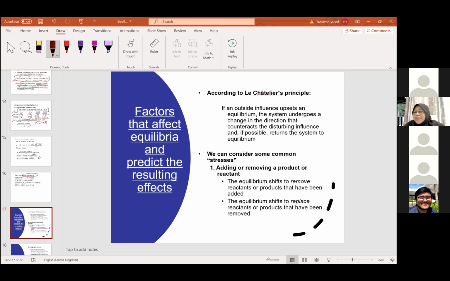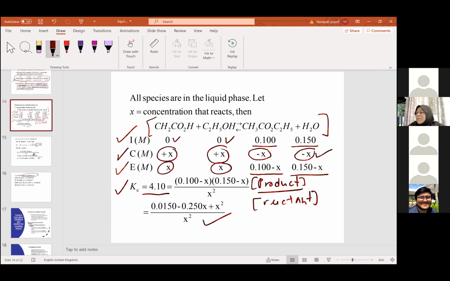All right, okay. So this table, even though I know that some of you can just calculate the values in your head, you don't need this table. But whenever you answer questions, this table is very important because you'll be given marks. So make sure that when you answer questions, please do write this table: initial, the concentration change, and concentration at equilibrium.